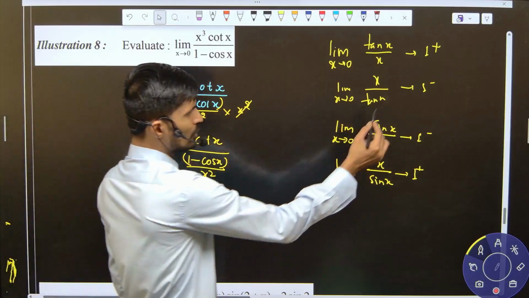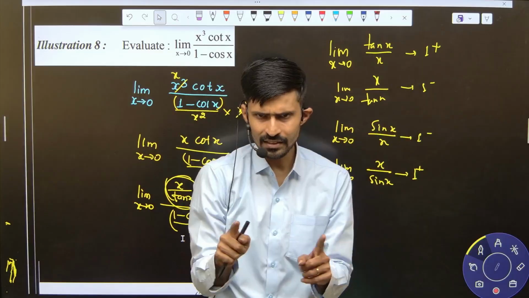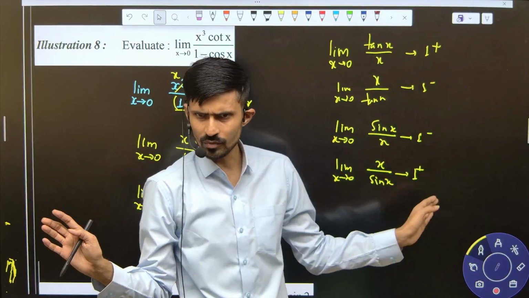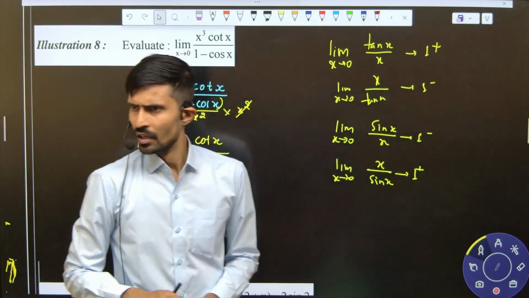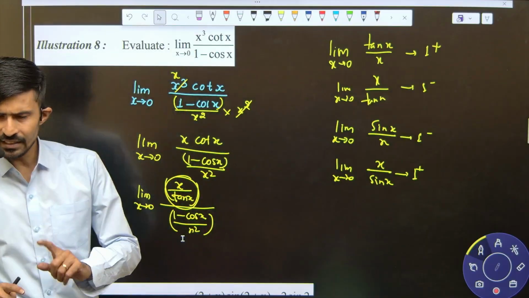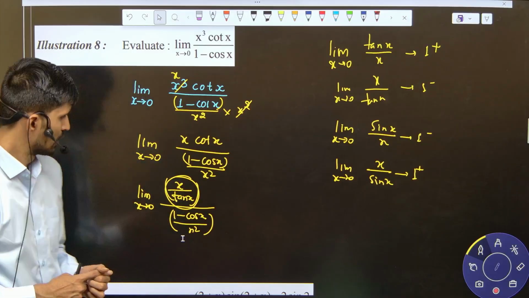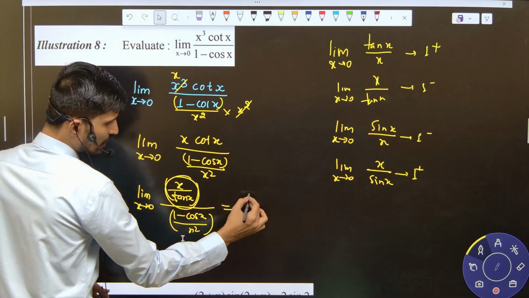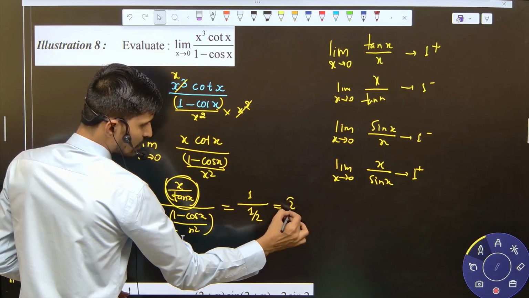See, you will use 1 plus and 1 minus when greatest integer is there. If greatest integer is not there, no need to put 1 plus or 1 minus, simply consider 1 as the answer. When greatest integer is there, then it is a requirement of 1 plus and 1 minus. Okay. So here this will become 1, this will become 1 by 2, the answer will be 1 divided by 1 by 2, the answer is 2.